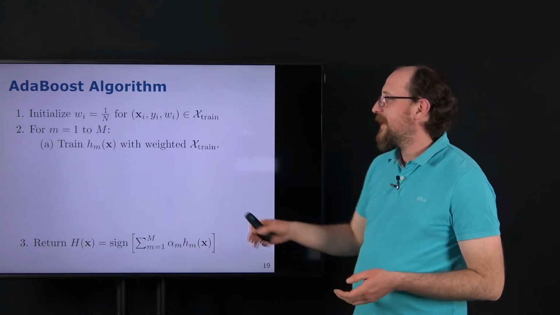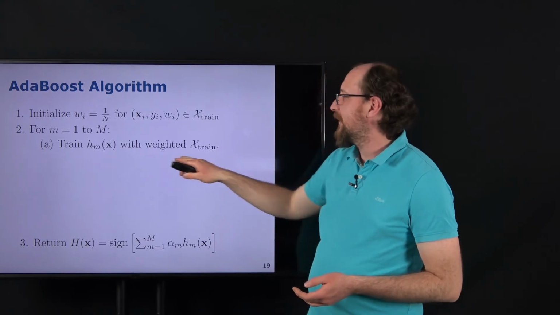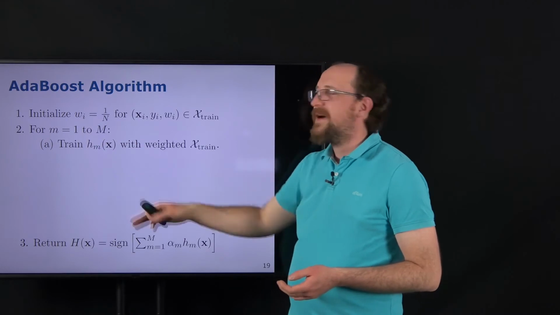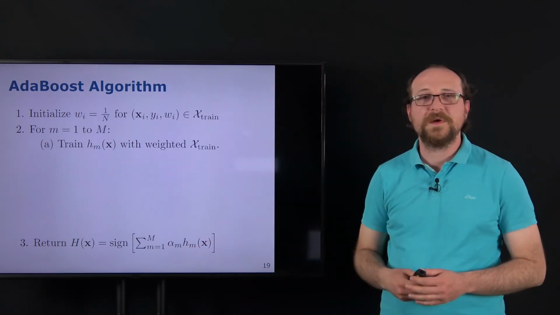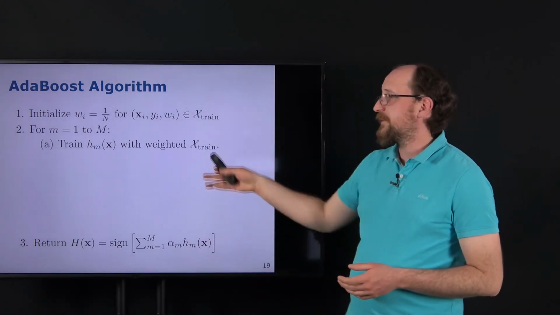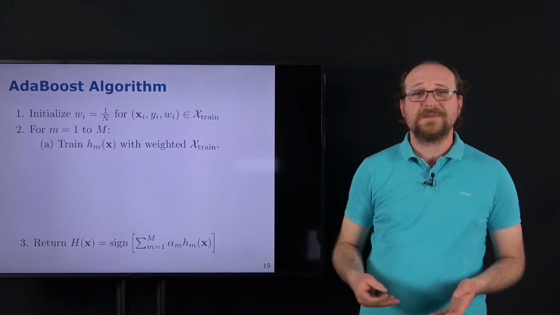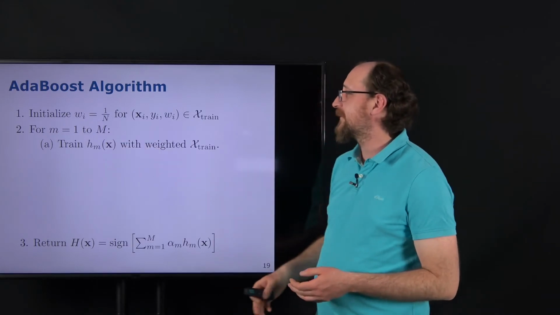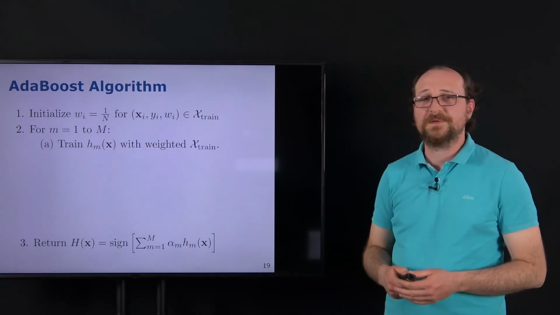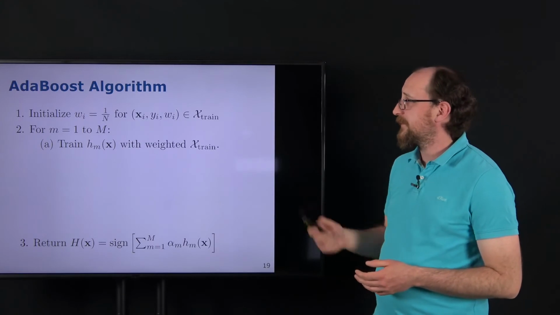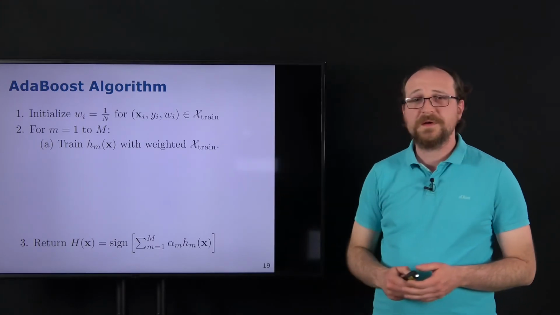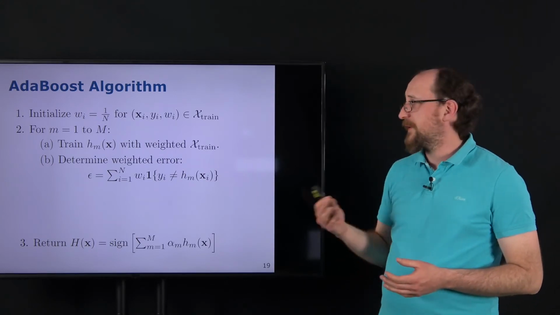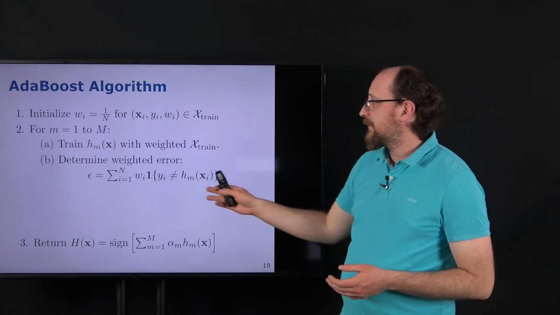We train the weak classifier with the weighted examples. The weak classifier has to somehow account for the weighting. Otherwise, this whole method makes no sense if it doesn't care about the weighting. But we assume that the weak classifier uses this to some extent. Then, when we have trained this weak classifier, we determine its error, and this is the weighted error.